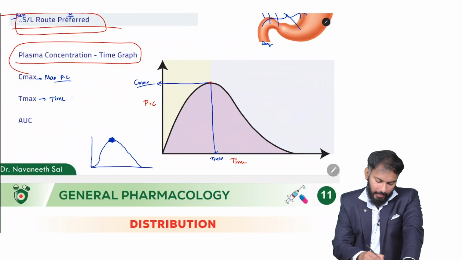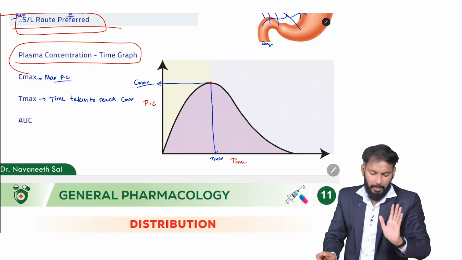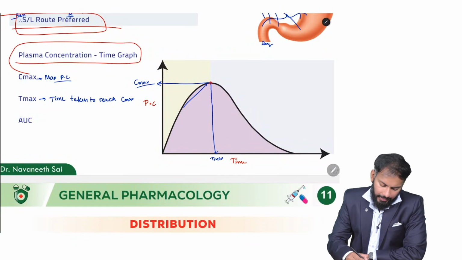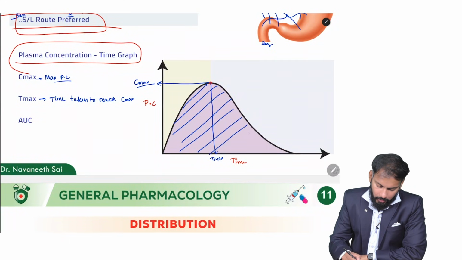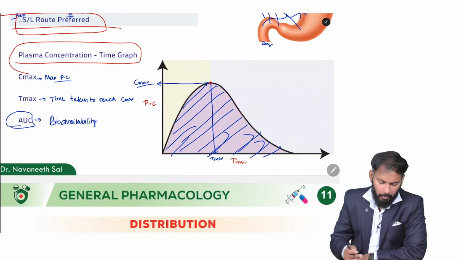It is the time taken to reach Cmax. Did you understand this much? That is Cmax and Tmax. Now, the area that is present under this entire curve is known as bioavailability. So, area under curve is known as bioavailability.